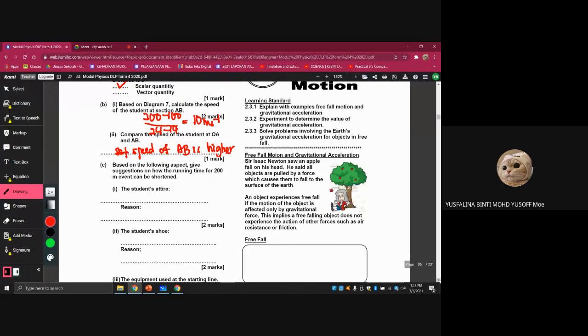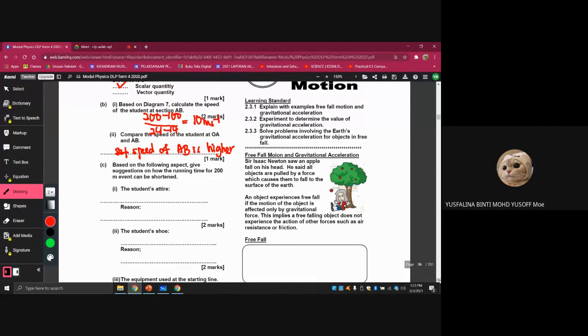Attire should have an air pocket to reduce resistance. No, don't put air pocket like that. That one will increase the surface area, and when you increase the surface area, the air resistance will also increase.